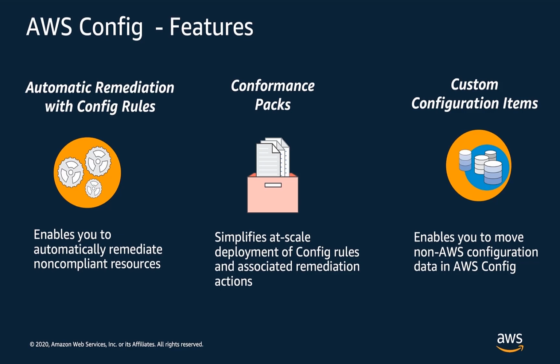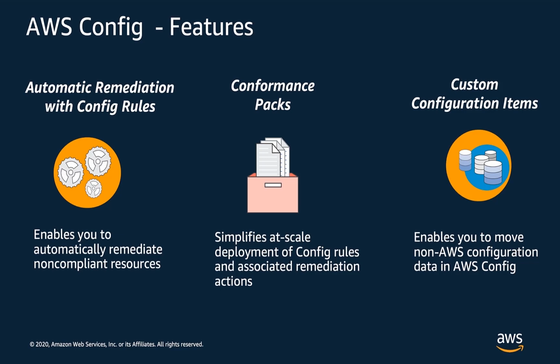Another key advantage of using conformance packs is immutability. So if an organization master deploys a conformance pack across its member accounts, the rules within that pack cannot be modified or deleted by those member accounts.